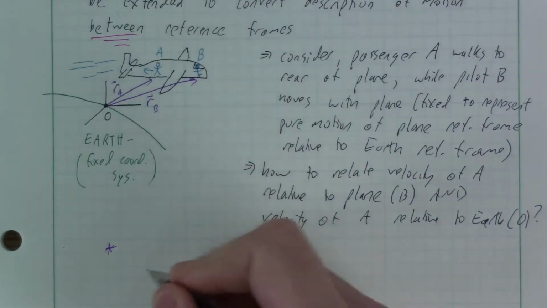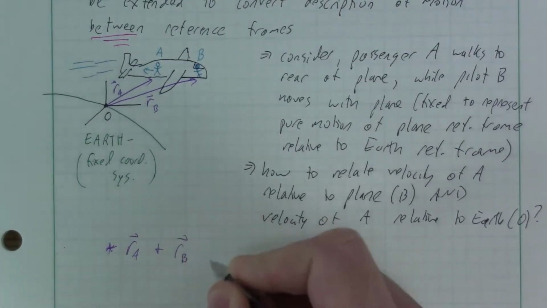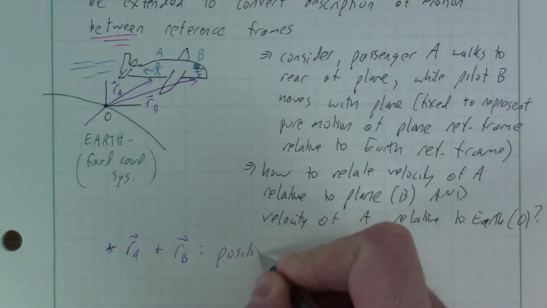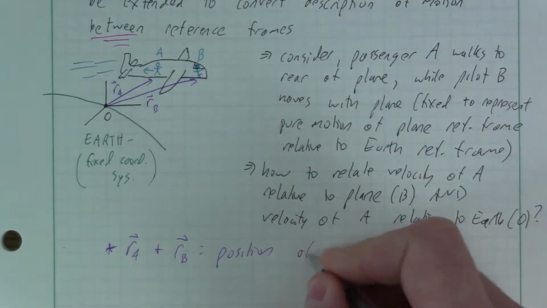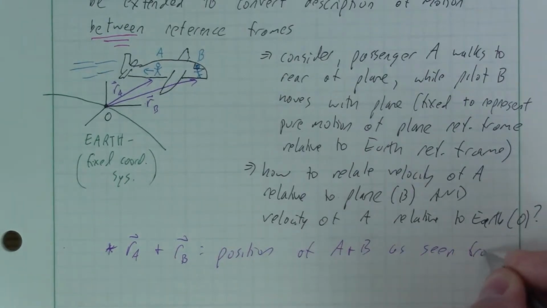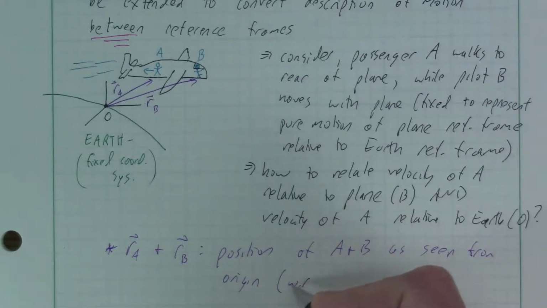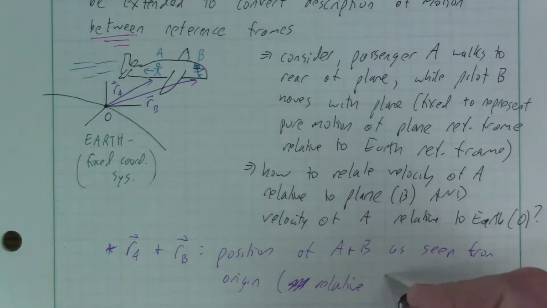RA and RB, these are positions of A and B as seen from, so relative, as seen from the origin. So what we say is with respect, well, let's say relative or in terms of, relative to Earth coordinate system.